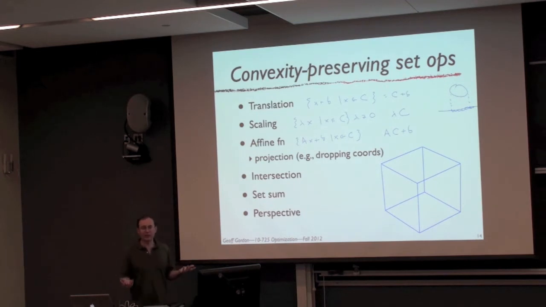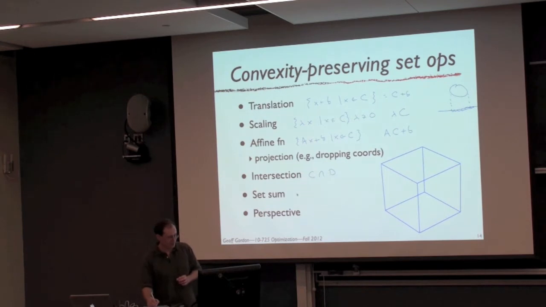And you can see that that's an affine function because the function is just the identity for the coordinates you preserve, and there is no output for the other coordinates. Intersection, right? So C intersect D, where both C and D are convex, is a good example.